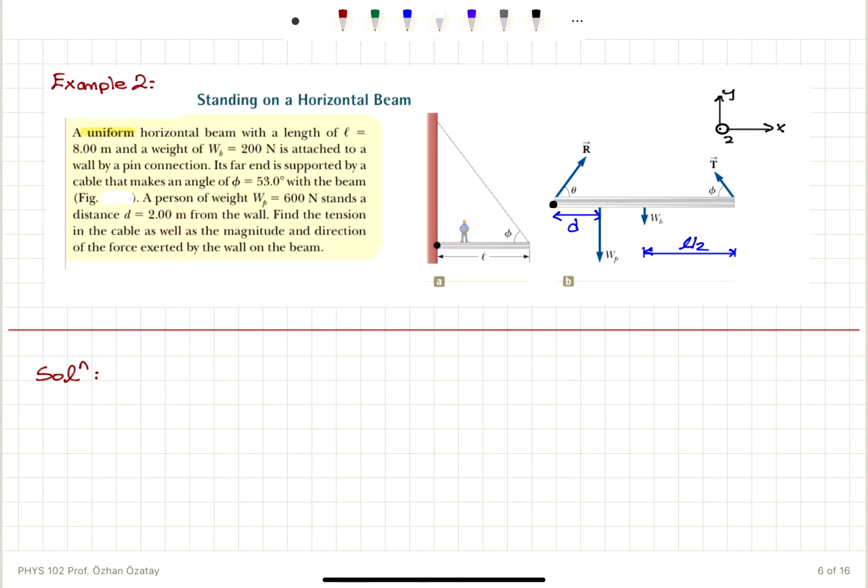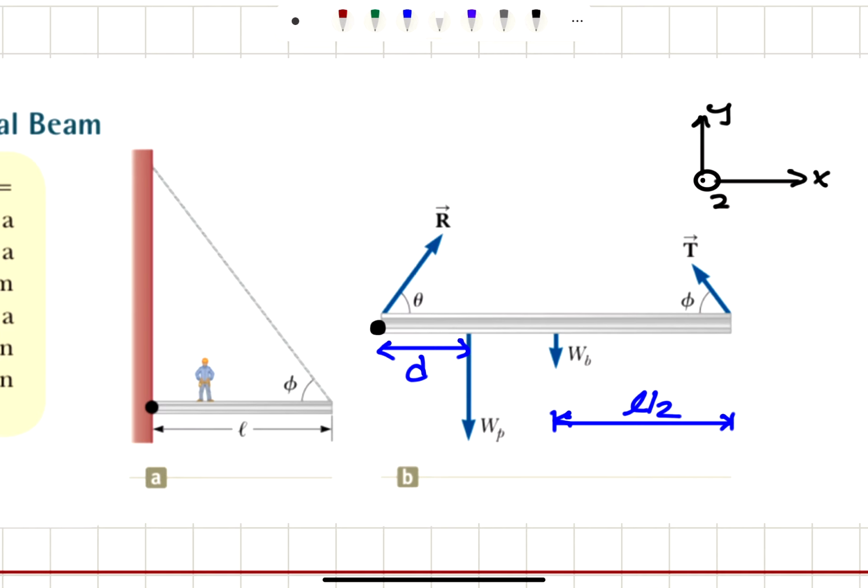Okay, so this person is standing right here. So there's the weight of the person pointing down. He's at a distance d from the pivot point here. The total length is L. It's a uniform beam, so it's going to have the center of gravity right in the middle and the weight of the beam pointing down here.